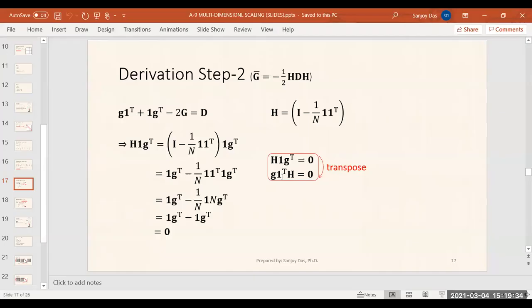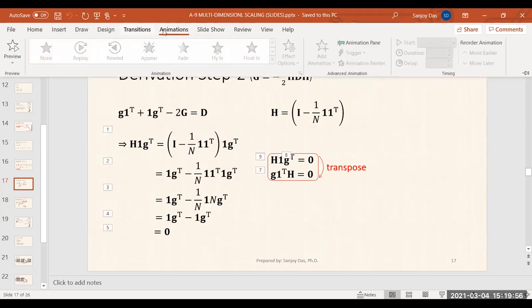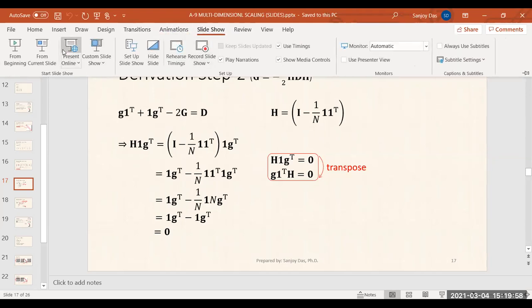Going back to the slide. So basically H1 is all zeros and 1 transpose H is 0. So derivation step 1 was kind of redundant.